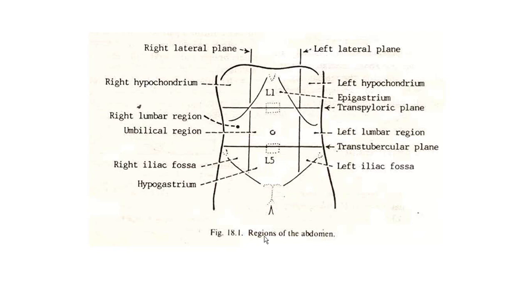In this picture, you can see the regions of the abdomen that are formed by planes such as the subcostal planes, intertubercular planes, transpyloric planes, and the left lateral plane and right lateral plane.